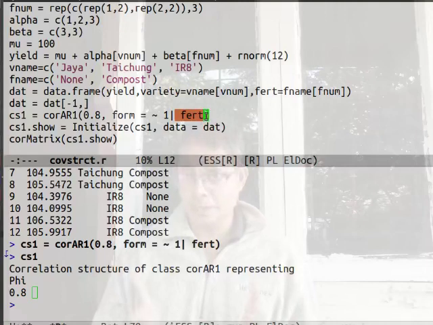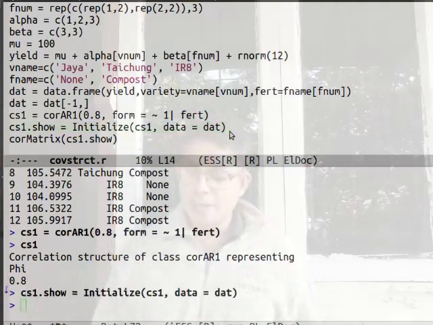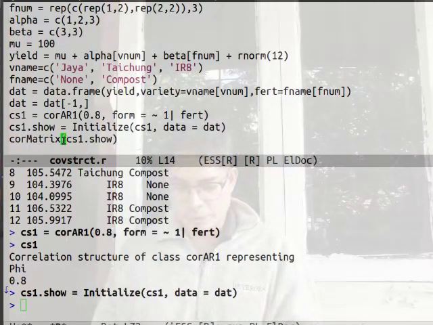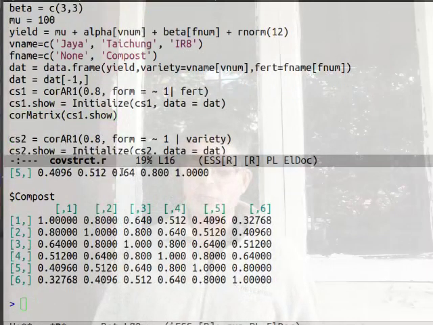I have not specified the data. So I will do that, and that creates the actual matrix. If you want to see that, you execute the command corMatrix(CS1.show), and that will give you the final thing that you wanted.